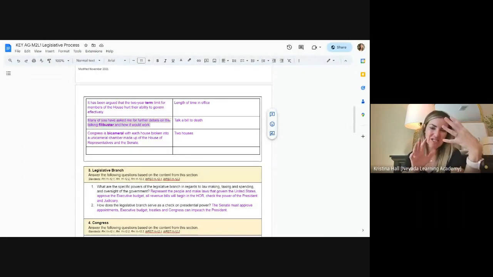So we'll talk more specifically about that. It's to talk a bill to death. So basically when there's a bill that people are going to vote on to possibly become law and people don't want that to happen, this is a process of delaying that or interfering with that.